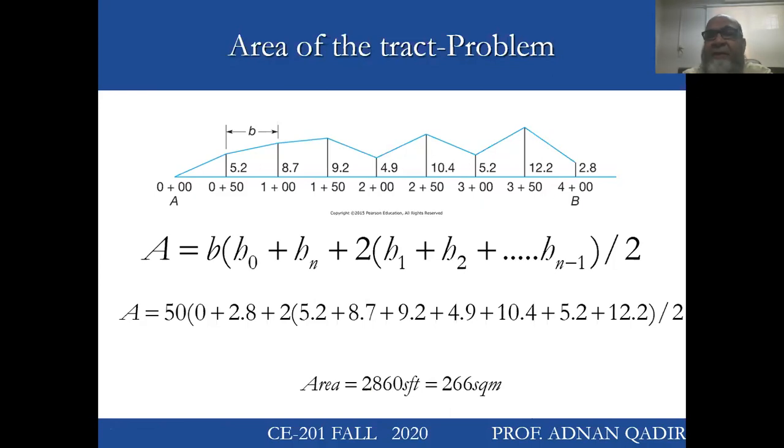If you have been given stations, actually these 0 plus 0, 0 plus 50 are stations. If after the plus there are two places, then it is feet.